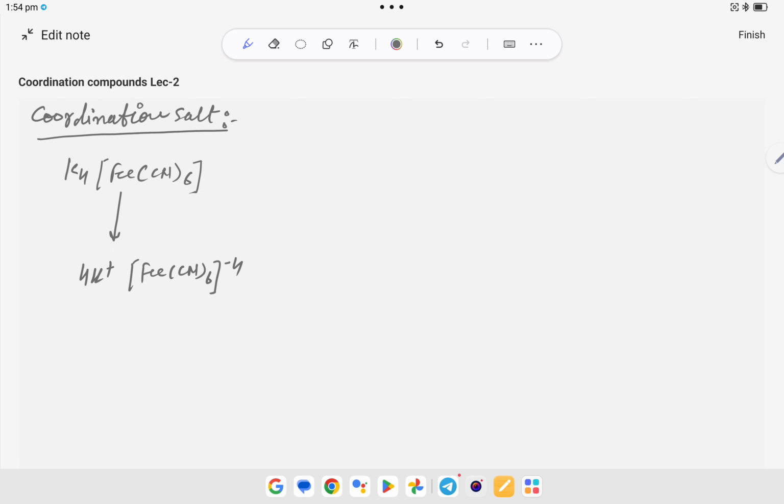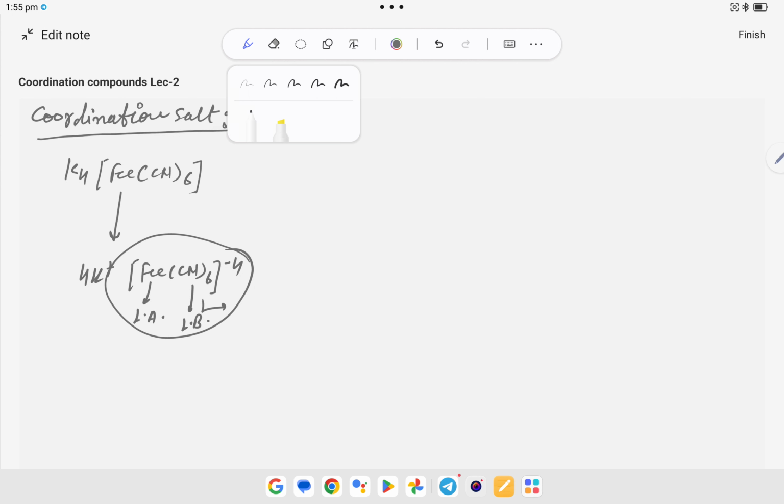Here this Fe is your Lewis acid and CN is your Lewis base. So here these ions are not free. This is a complex entity, also called a coordination entity.